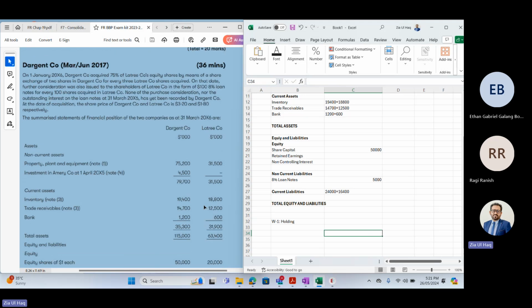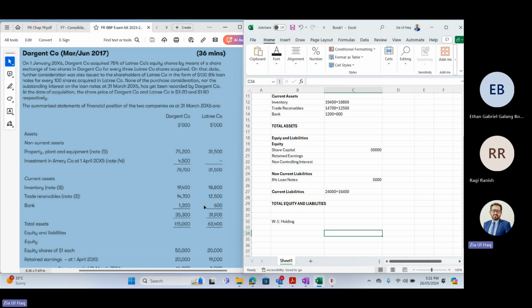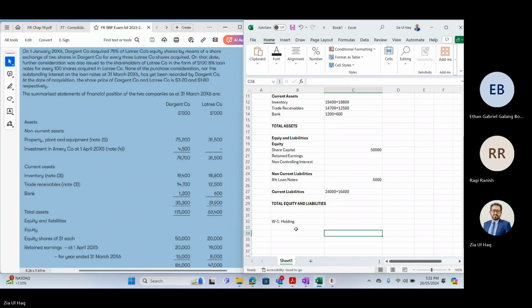75%. Who is holding whom? Dargent is holding 75% of Latry. So put there Dargent, 75% of Latry.